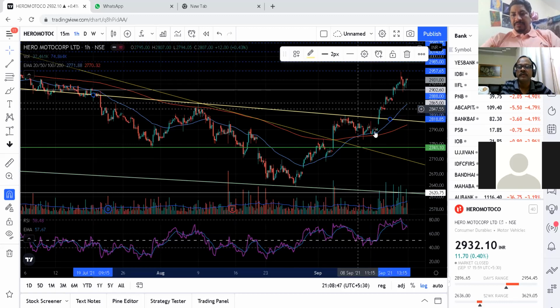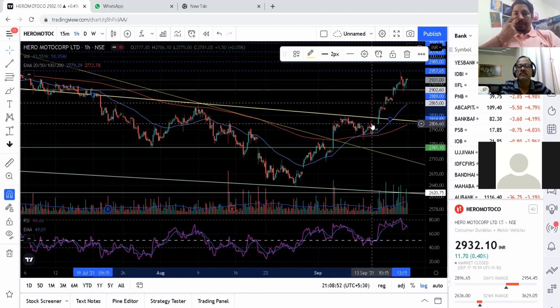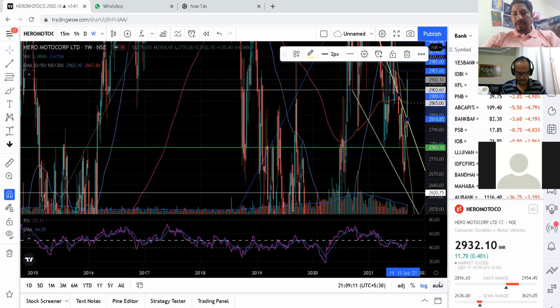Yes. So after that, when you see the bigger movements, anything you are tracking, you should know the position of that particular stock, what is happening on the larger time frame, right? So you know that this stock is going into corrective phase. This particular stock, say Hero Moto, I will go here.